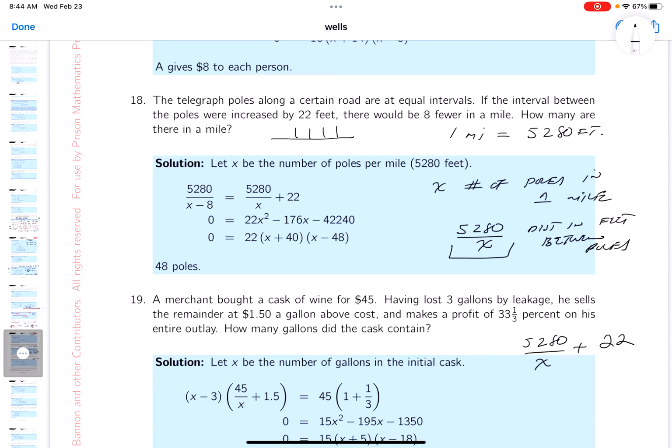What does that mean? That means it would be 5,280, and instead of having x poles in a mile, there'd be 8 fewer, which is x minus 8. Let me just make it a little bit neater. 5,280 over x minus 8 equals 5,280 over x plus 22.